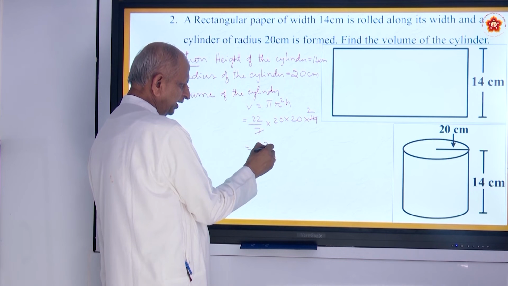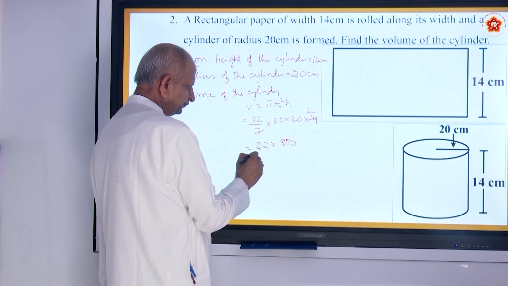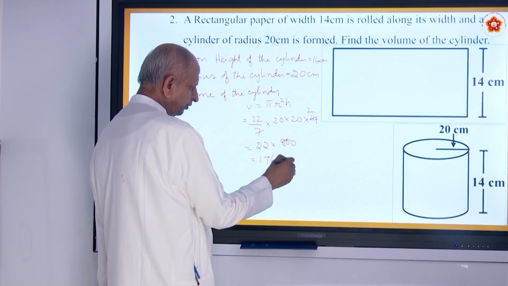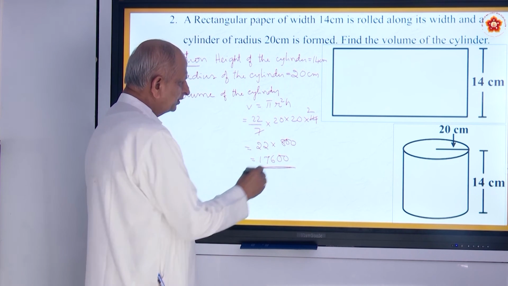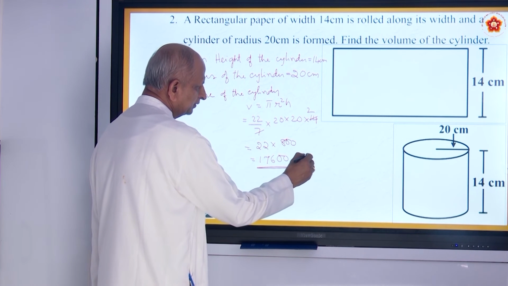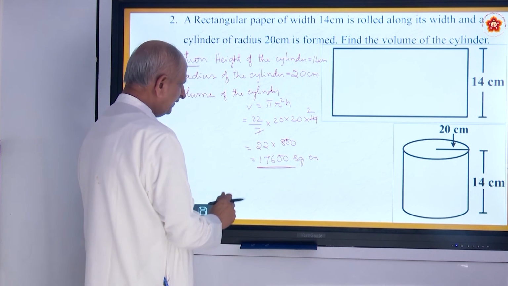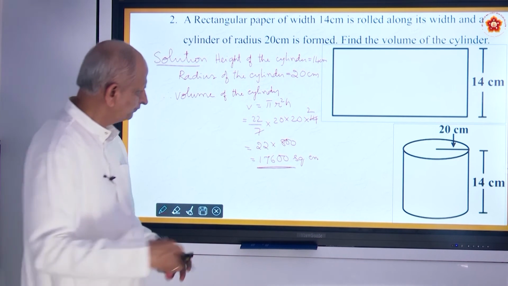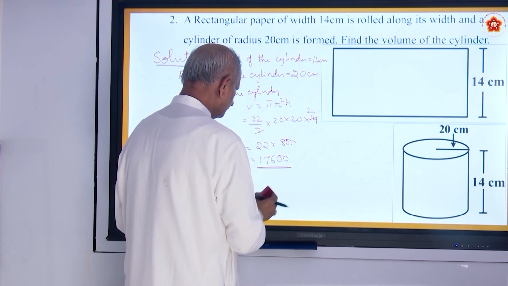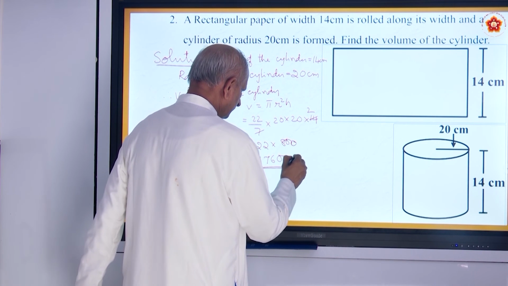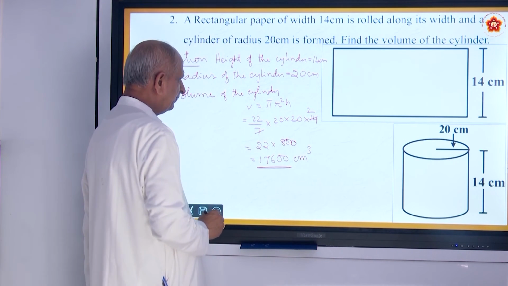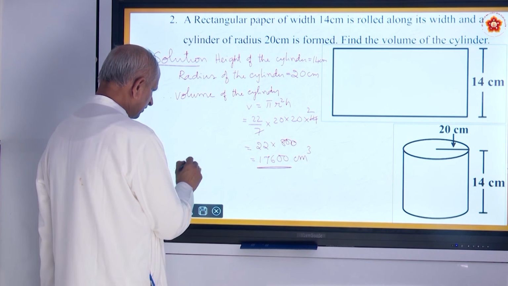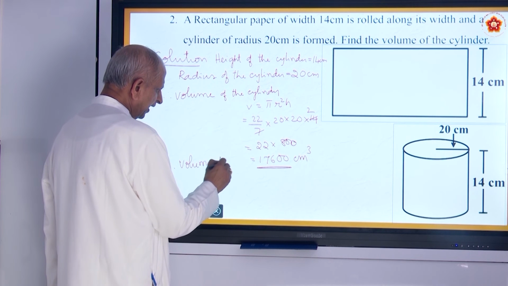So 22 into 800, that is 17,600. Volume means not square centimeters, it should be cubic centimeters or centimeter cube. So that is the volume of the cylinder. Very simple question, direct question.